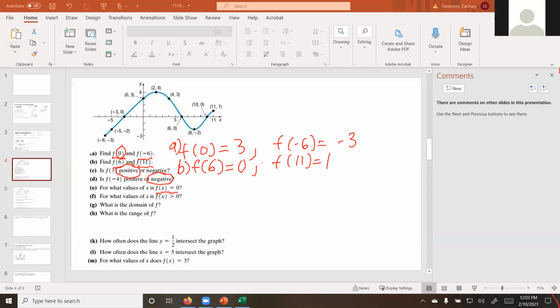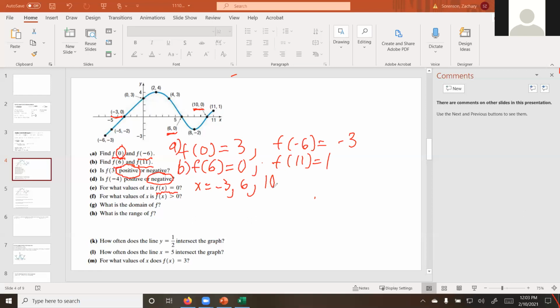Well, y is 0 here, y is 0 here, and y is 0 here. So this is going to be x is equal to -3, 6, and 10.